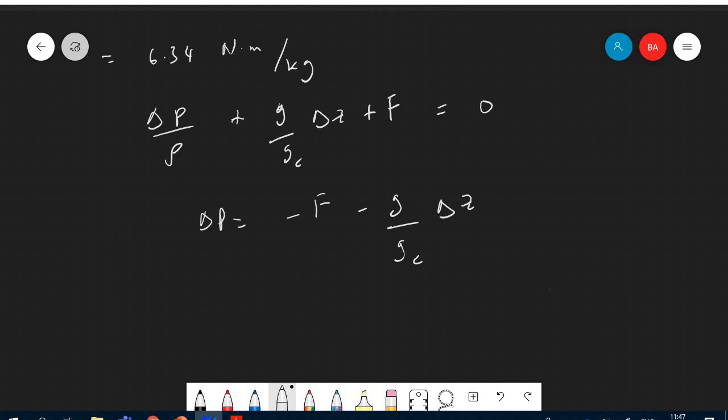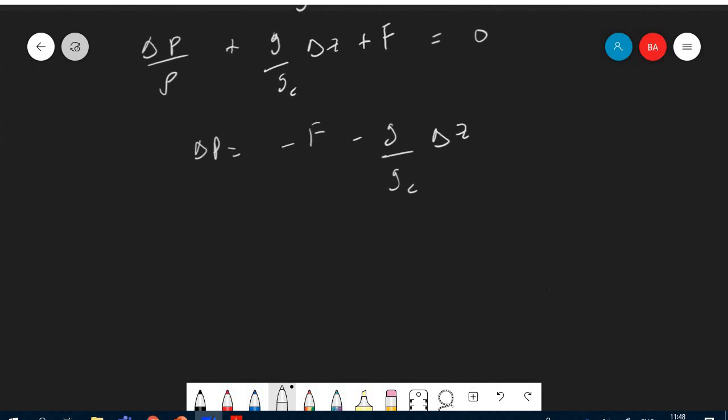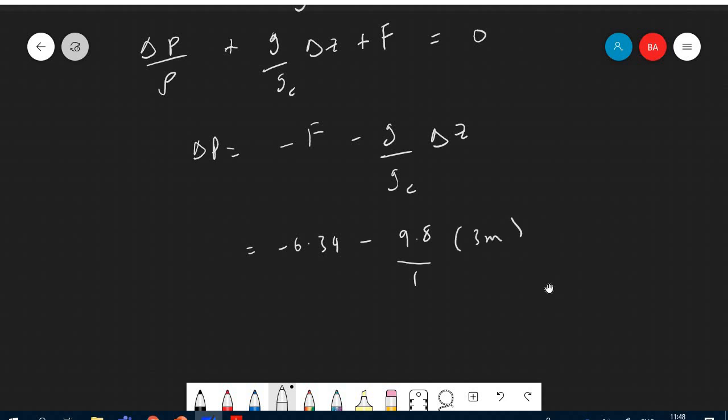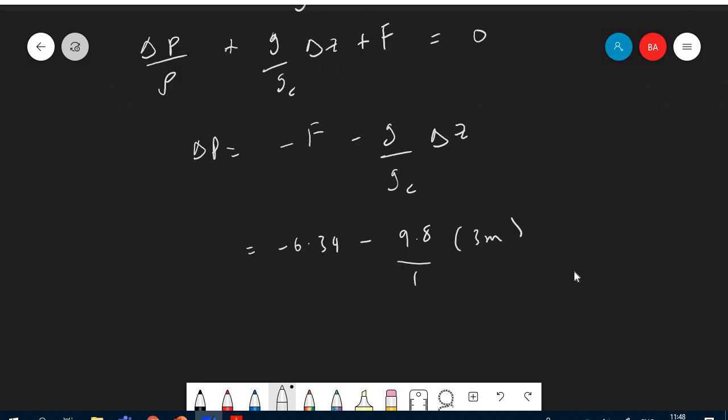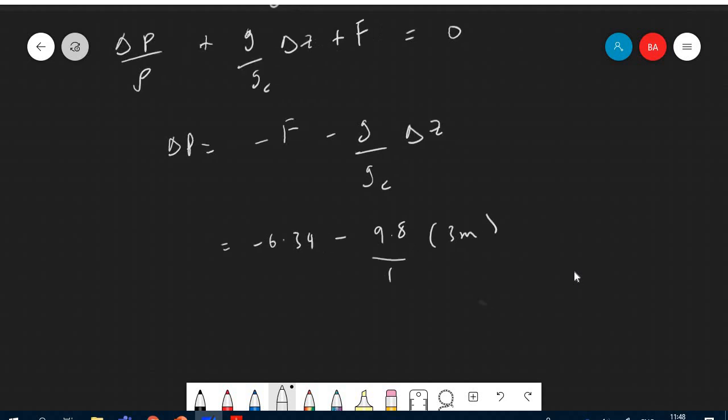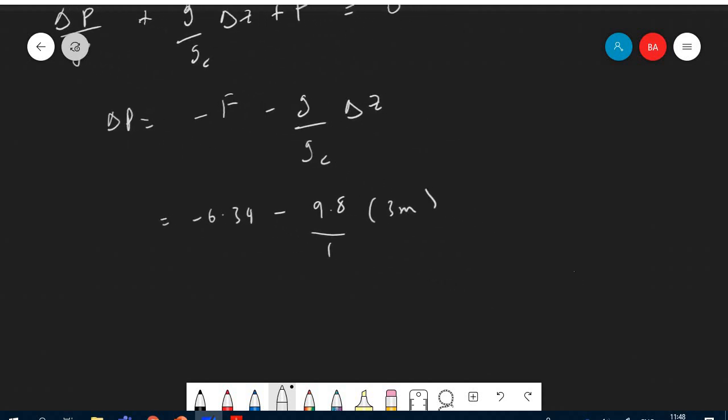In this case, if I want to find delta P, it is going to be minus F minus G over GC into delta Z. We already found F, and we just need to substitute here. So that will be minus 6.34 minus 9.8 over 1, of course GC if you're talking about the SI units, and delta Z is 3 meters. Let me make sure. Yes, it's just 3 meters here.